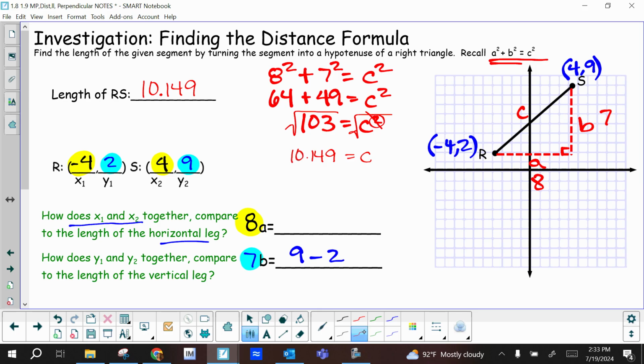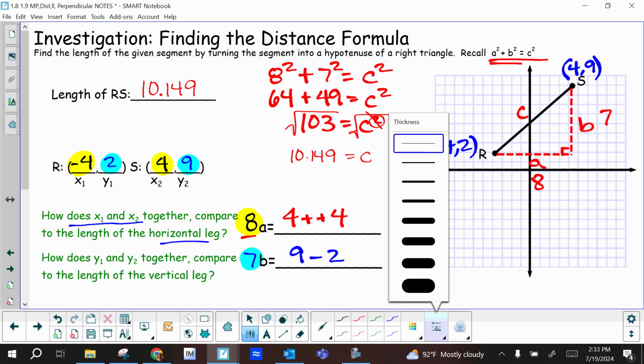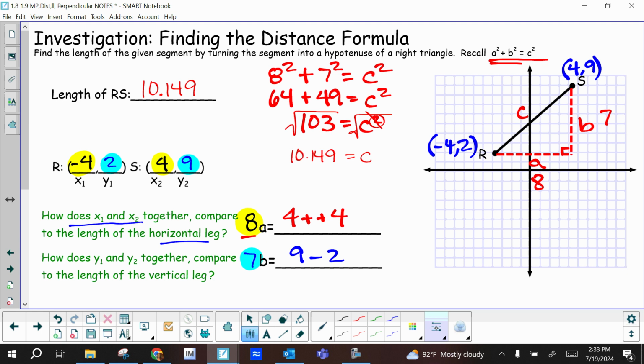For X1 and X2, you've got to be careful on how you write this one out. But if you take the 4 and you minus -4, that gives us the 8. What do you do when you minus a negative? You ultimately add. So now think of that in terms of X1 and X2. What did we do?